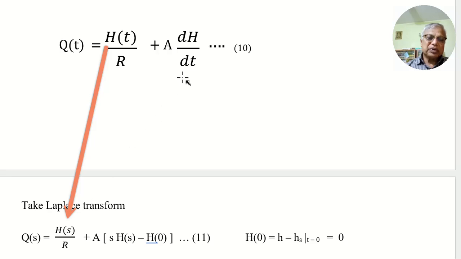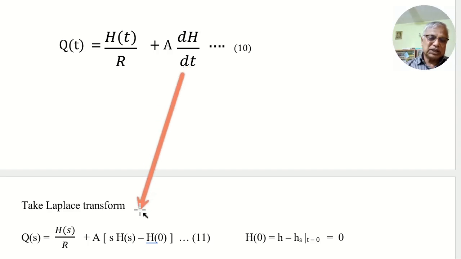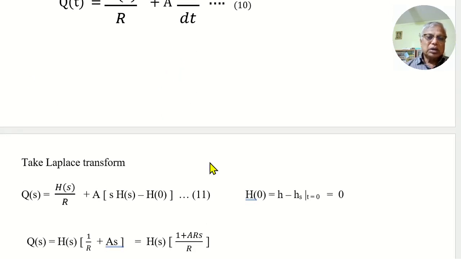By r, and this is a differential equation with a first order derivative. So Laplace transform of this is s into h of s minus h0, right? Now this h0, capital H means deviation variable, h minus hs.